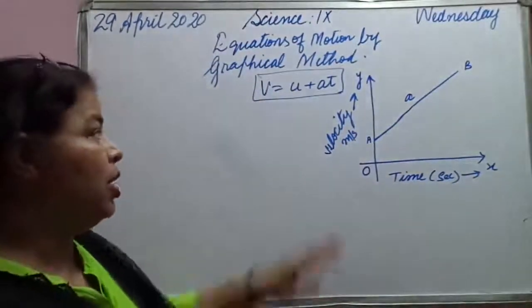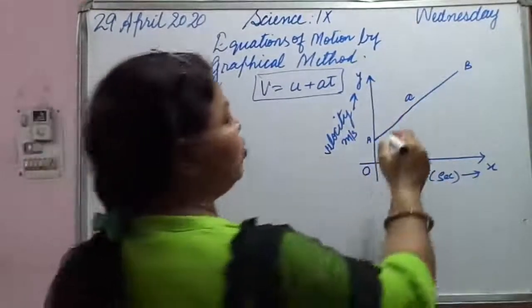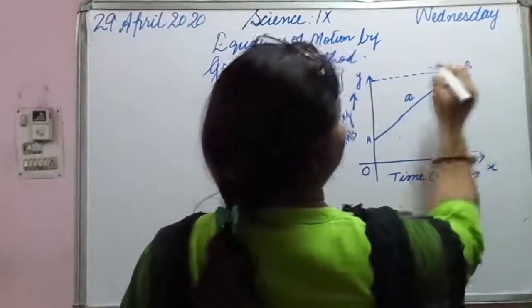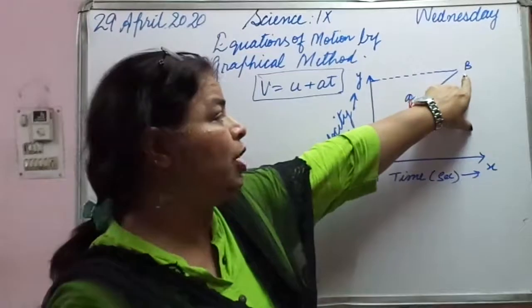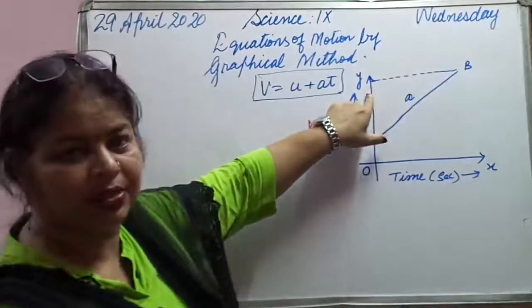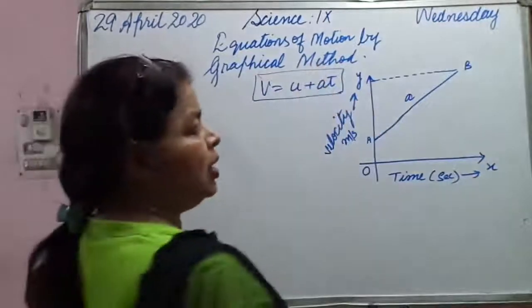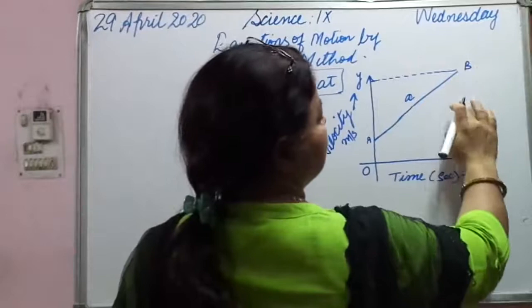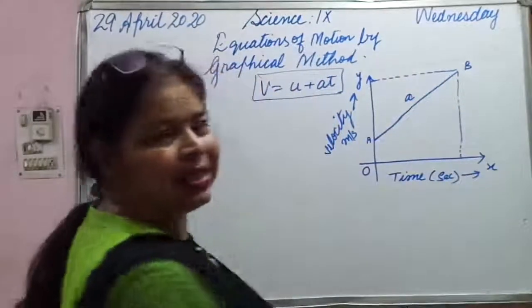Okay, now in this equation what we need to do, first of all we are going to drop one perpendicular from B. We are dropping a perpendicular from point B on y-axis. Another perpendicular that we need to drop is from B on x-axis.